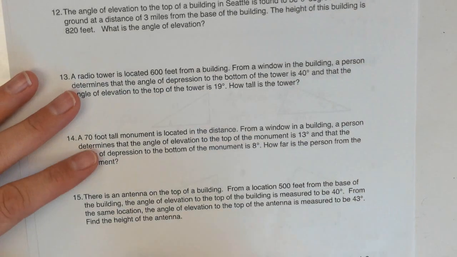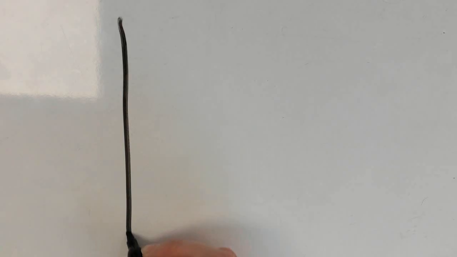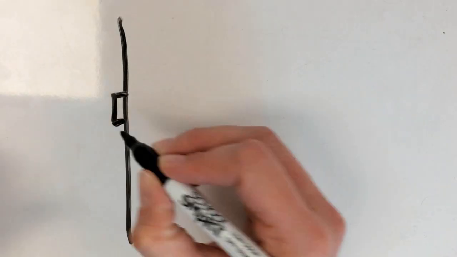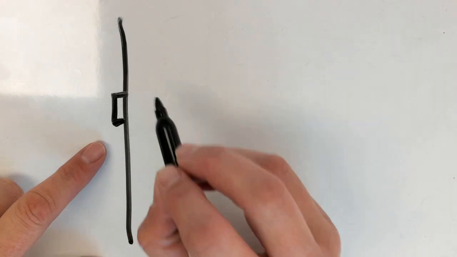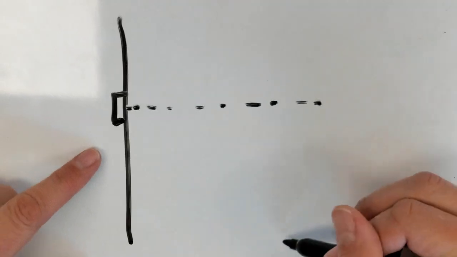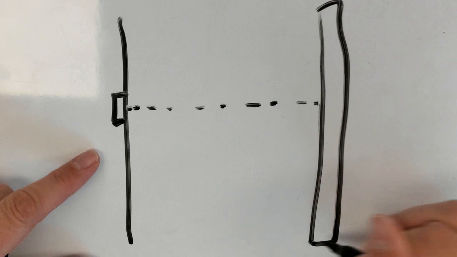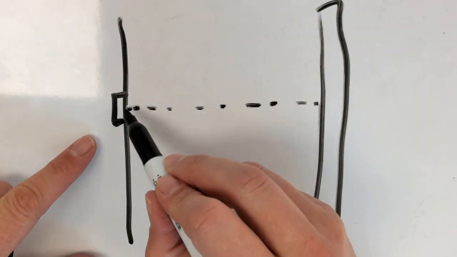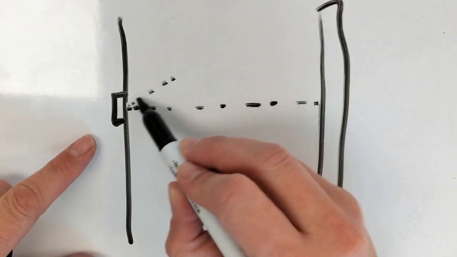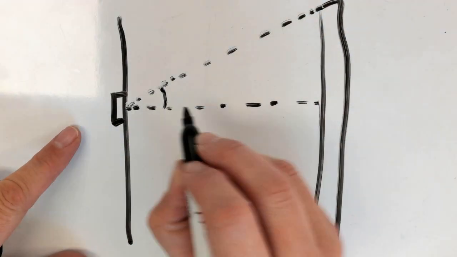Let's say I'm sitting in a window of a building and I'm looking up at a tower or something like that. If I were to draw a straight line from where I'm at, the angle above that straight line to the top of the tower would be your angle of elevation.